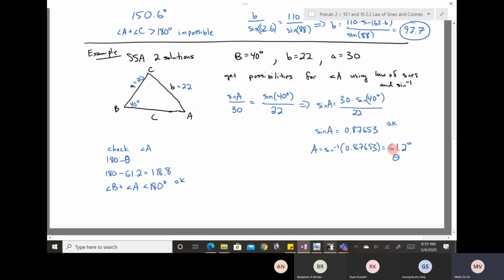So the first possibility is that A is 61.2 degrees, and the other possibility is that A is 118.8 degrees. Right, so 61.2 degrees or 118.8 degrees. And both possibilities are valid.